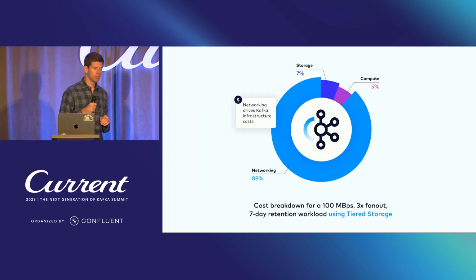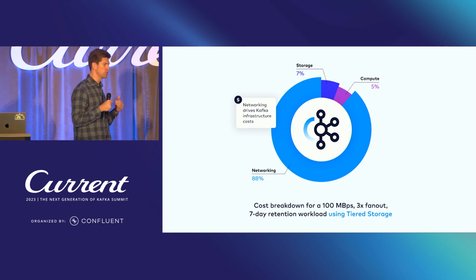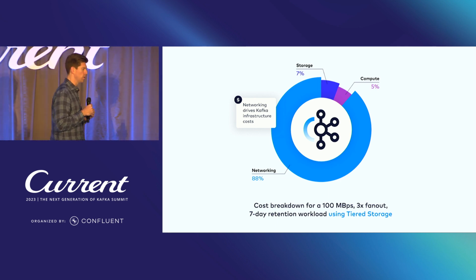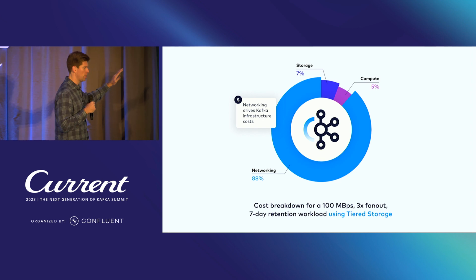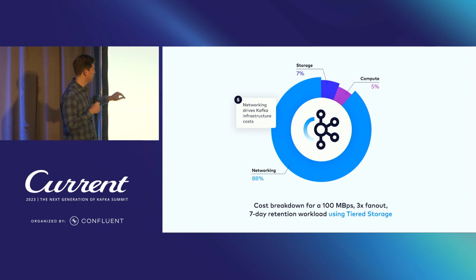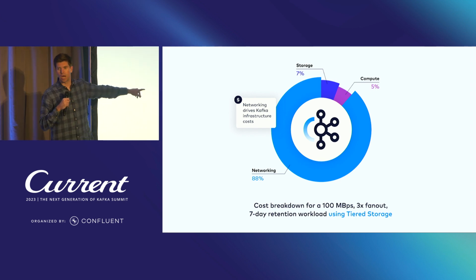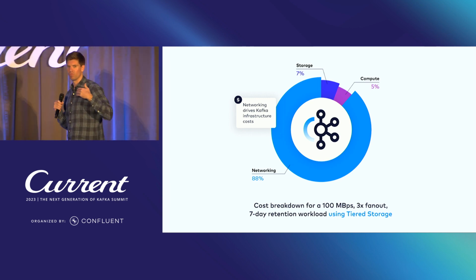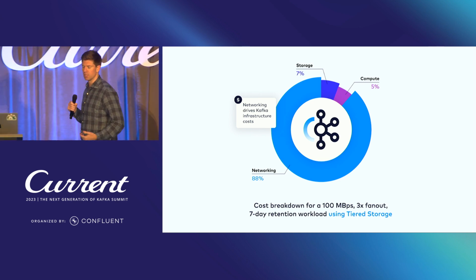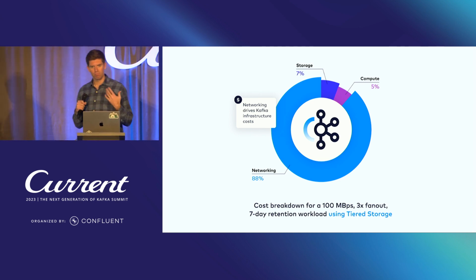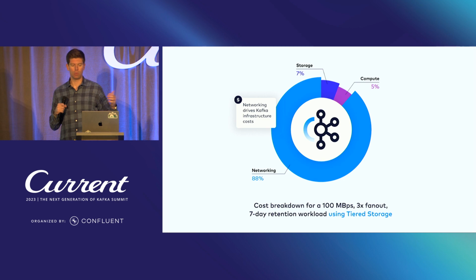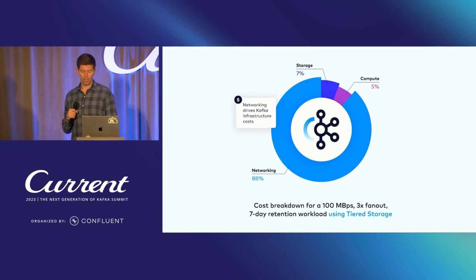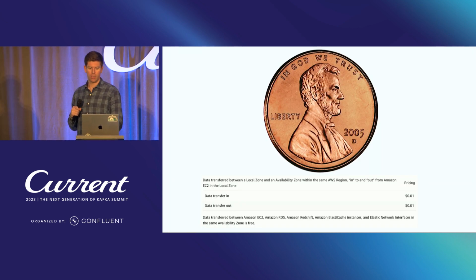As tiered storage enters the picture of your total costs of Kafka, networking just dominates the cost equation. It used to be that storage costs were a big deal, but tiered storage has made pretty easy work of that. But networking is the big one, and it's all thanks to this guy.